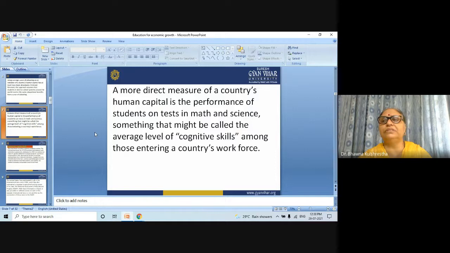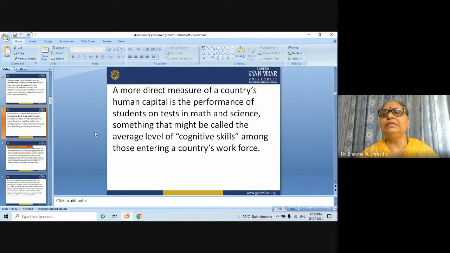At one time, internationally comparable information on student performance was not available for a sufficient number of countries over a long enough period of time to allow for systematic study, which is why economists relied upon the less informative measures of school attainment.